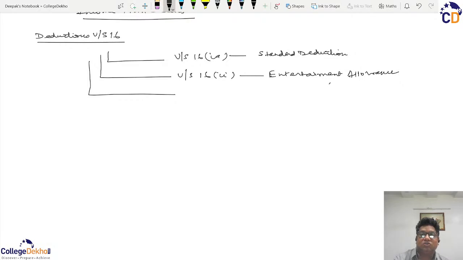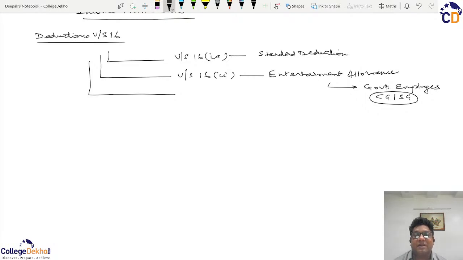And just to make you note here, these deductions are applicable only for government employees, and government employee denotes central government and state government only. So we can summarize it this way: for all other employees except central and state government, the entertainment allowance is fully taxable.